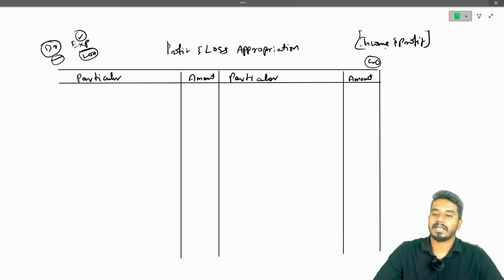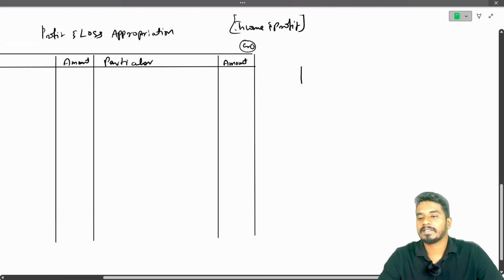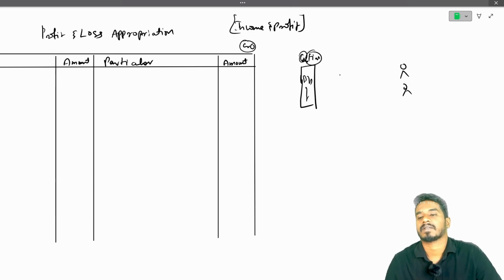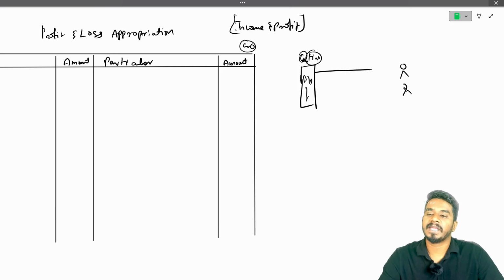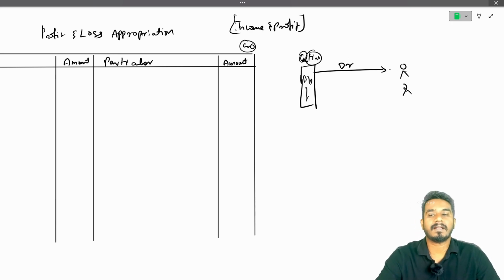So let me explain more easily. Right. So this is your firm. So let us say some building is there. This is your company, that is firm, partnership firm. So these are the partners. Correct. So whatever the company is paying to the partners, that will get debited.